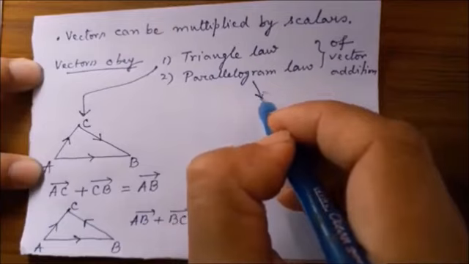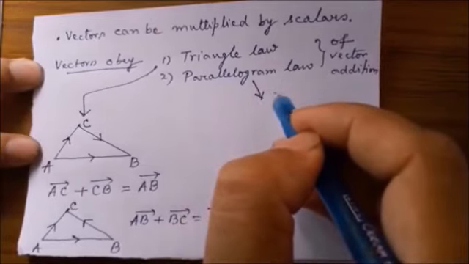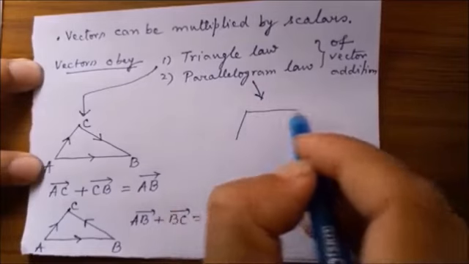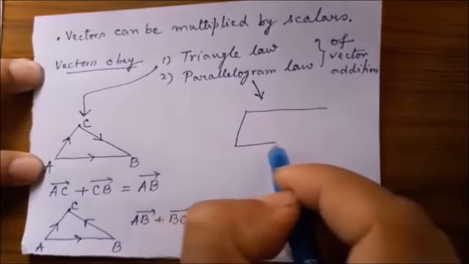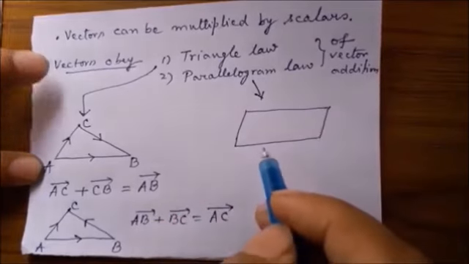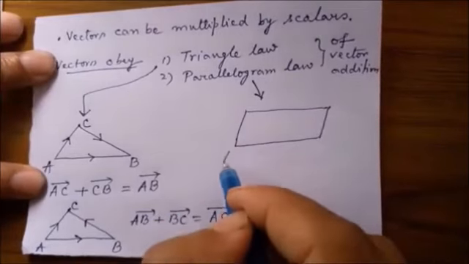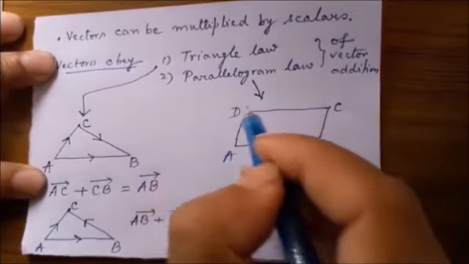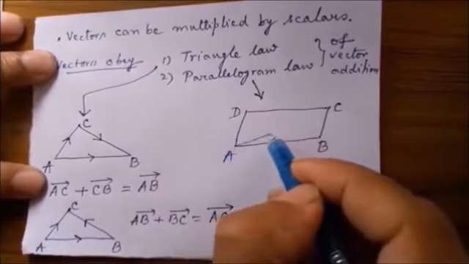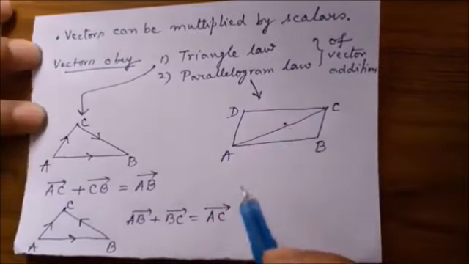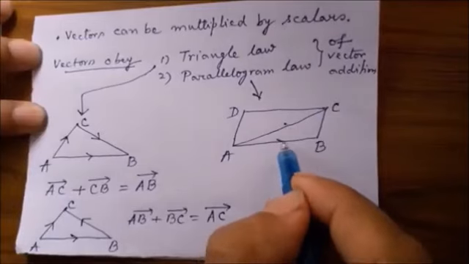Now comes the parallelogram law of vector addition. So you construct a parallelogram which is A, B, C and D, and this is the diagonal. Now we can construct the vectors in the following way.